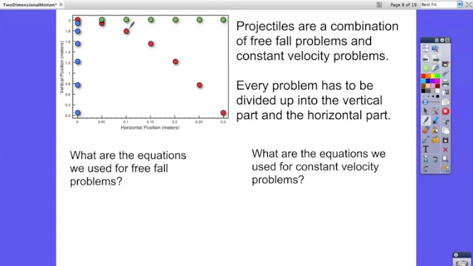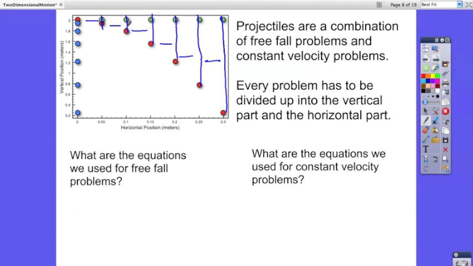So if you look at this, at the red dots, that's the actual projectile. The projectile travels horizontally the same distance in the same amount of time. So if these dots were 1 second apart, the red dot travels exactly the same horizontal distance in each second.